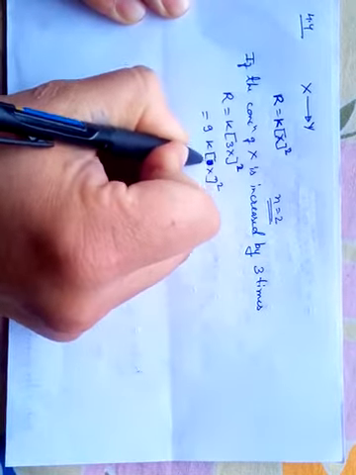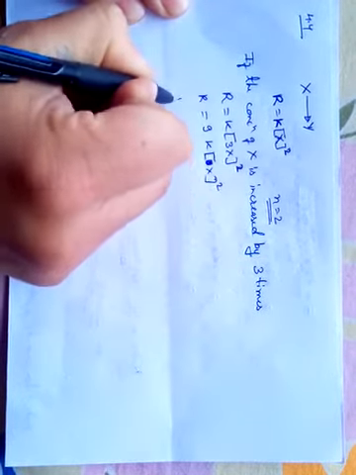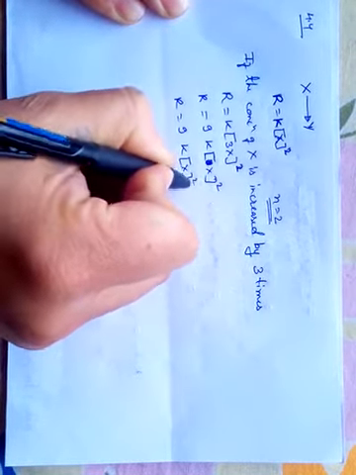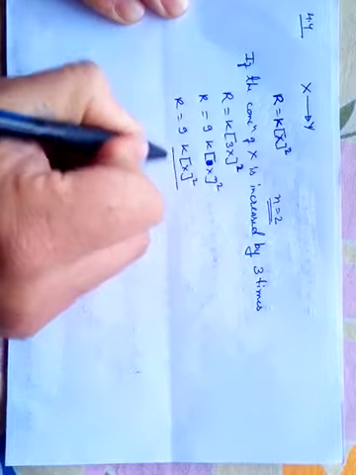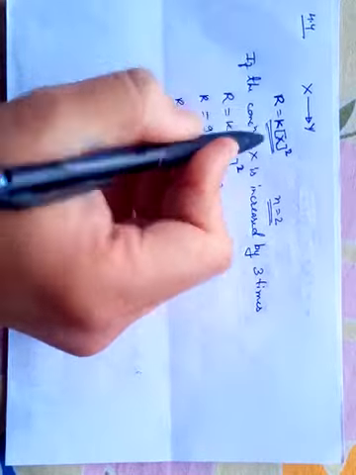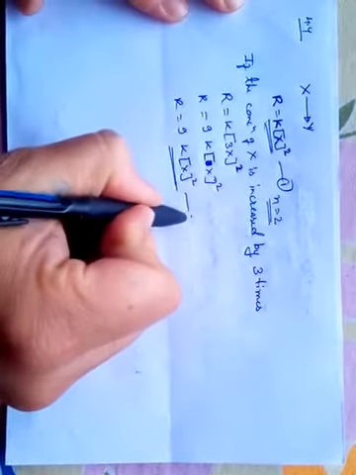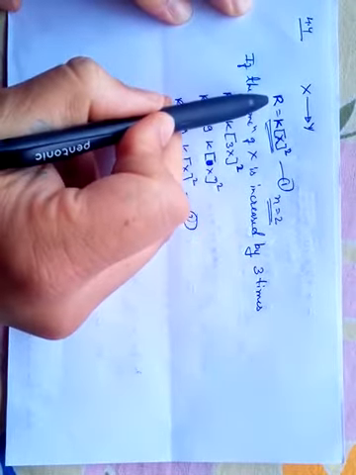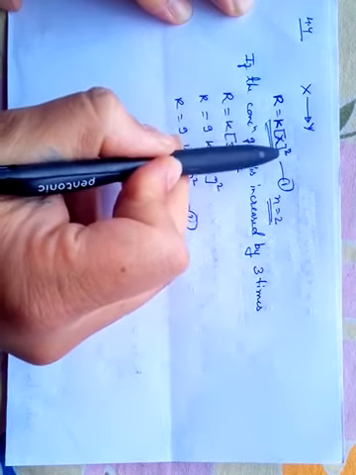Again I'm writing it to be more clear. Just compare this factor. Initially, this is equation 1 and this is equation 2. You're comparing equation 1 and equation 2. Equation 1 is the initial, so the rate is equal to K [X] to the power 2.